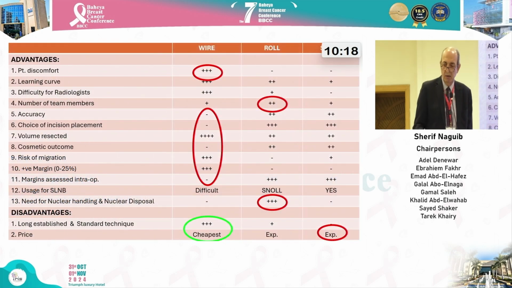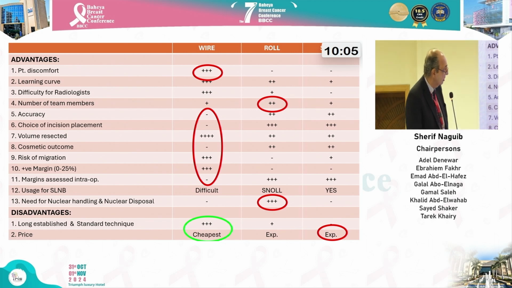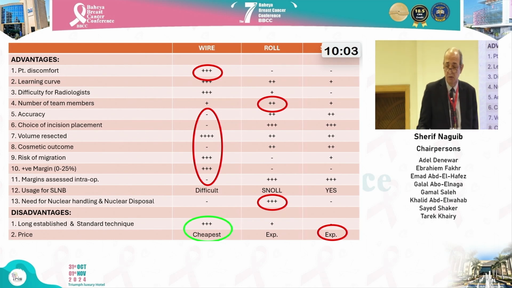If we compare the wire to radio-guided occult lesion localization to the Scout, which is the one to the right, but the clock is hiding the word Scout, we will see that the one that carries the highest number of disadvantages is the wire. Number 1, it is painful and causes patient discomfort. It is associated with the least accuracy.